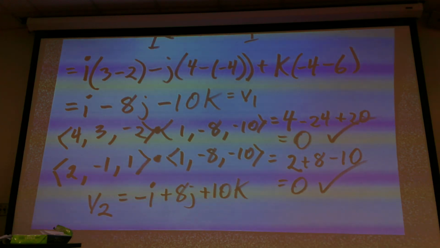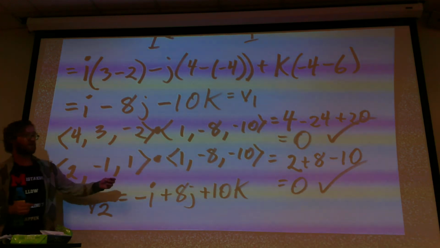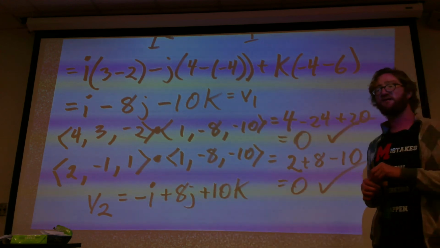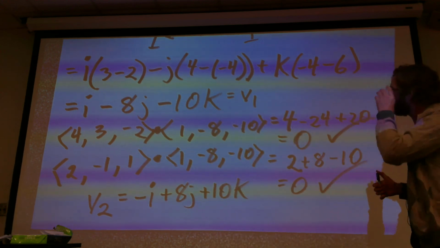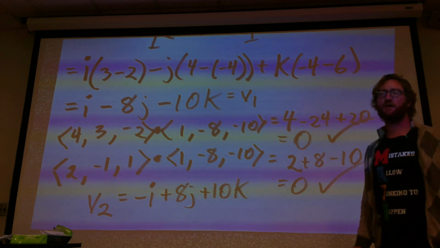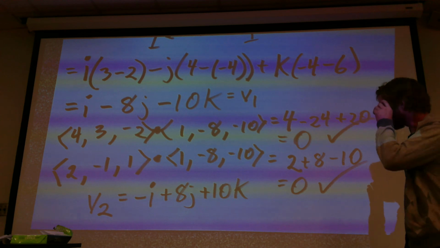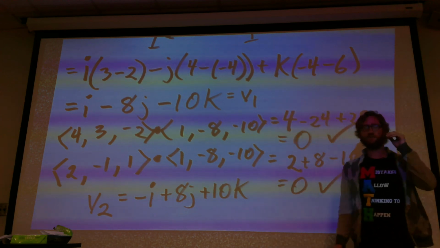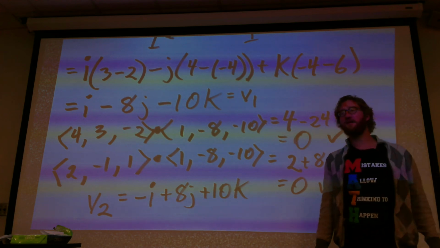And you can go through and verify that this one is orthogonal to those two vectors, but if you show that the first one is orthogonal to both vectors, well, then if you multiply the thing by -1, it's going to be orthogonal to those vectors too. So those are the two vectors that we can create that are orthogonal to that plane.